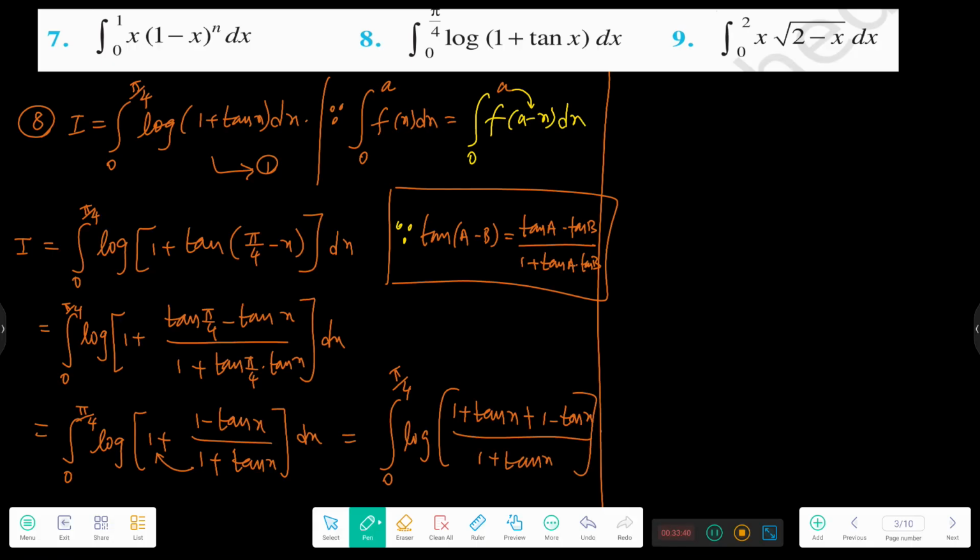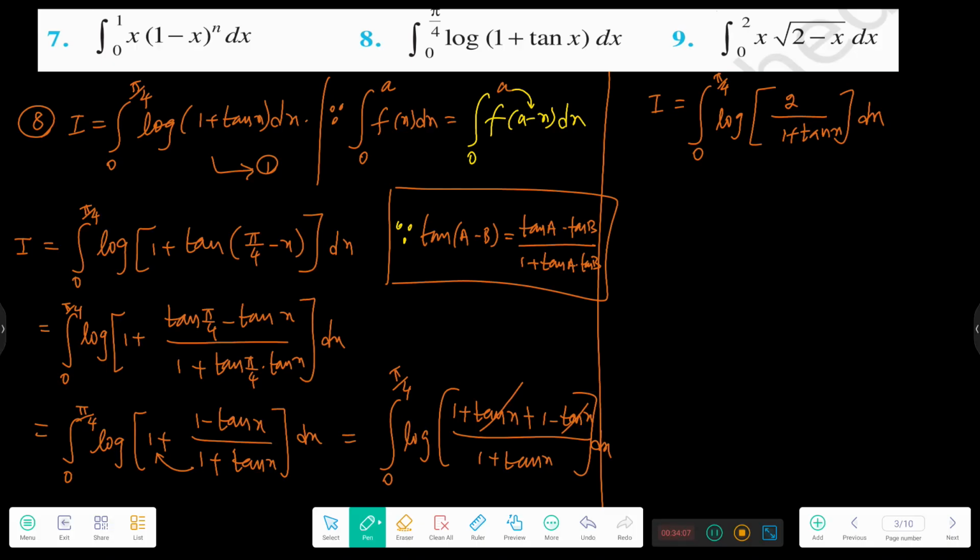So now you can cancel plus tan x, minus tan x. When you cancel, what am I getting? I is equal to integral 0 to pi by 4 log of 1 plus 1, 2, divided by 1 plus tan x, into dx.